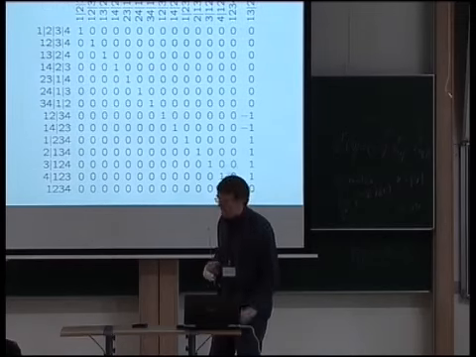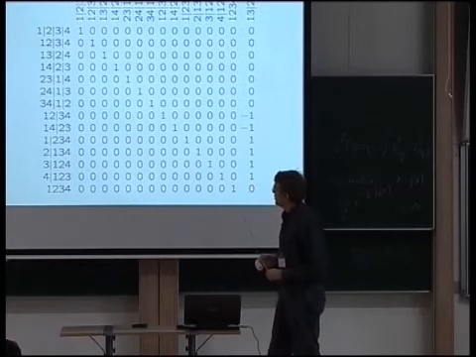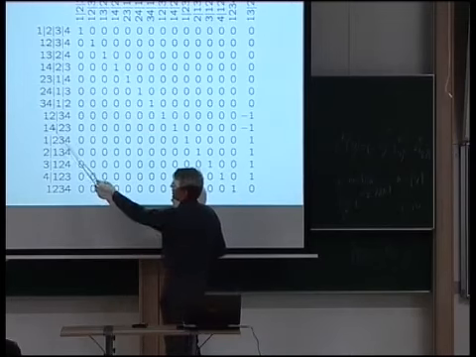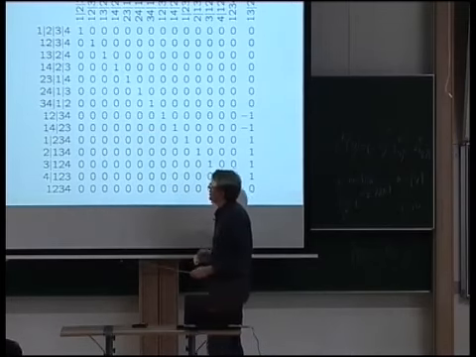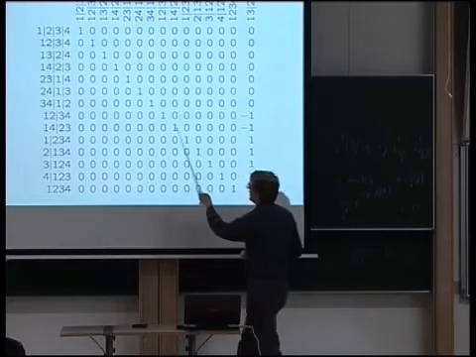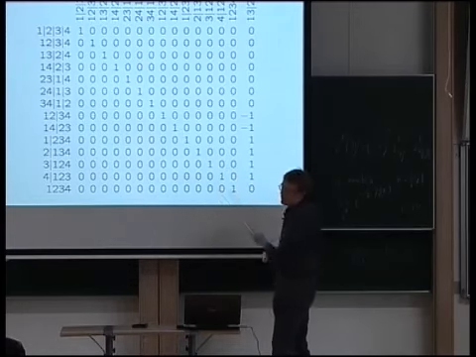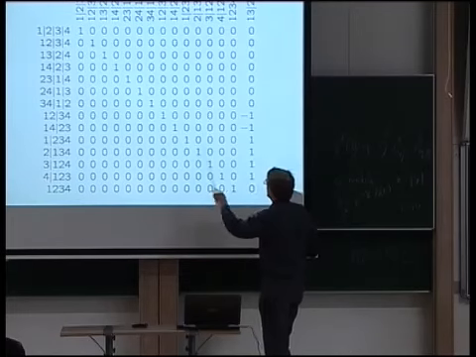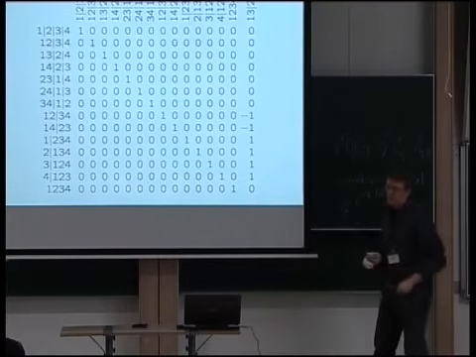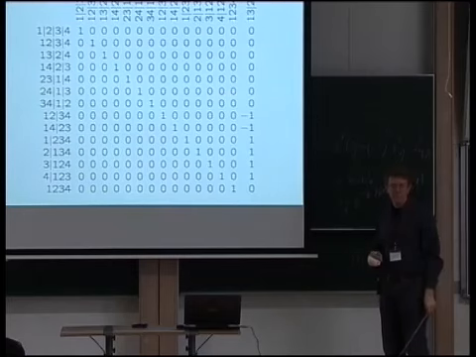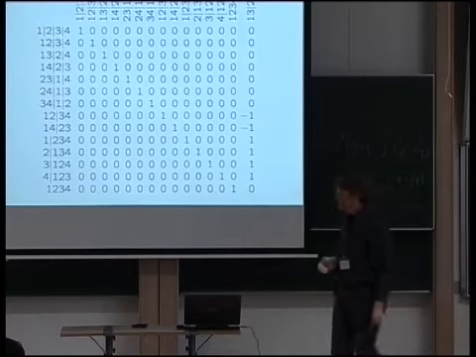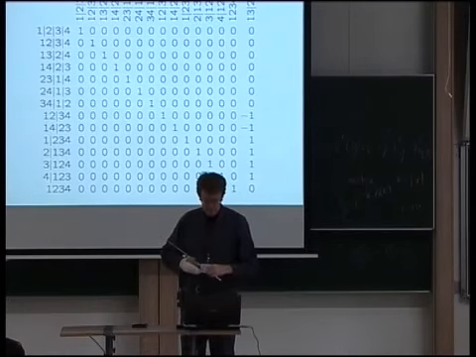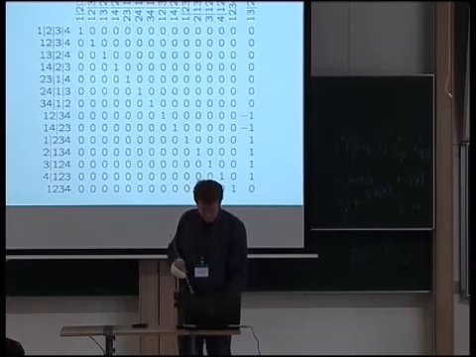The way to read it is, if we want to know the probability that 1 and 4 are connected and that 2 and 3 are connected, then this probability is L of 14|23 minus L of 13|24. And we'll see where this matrix comes from in just a bit.